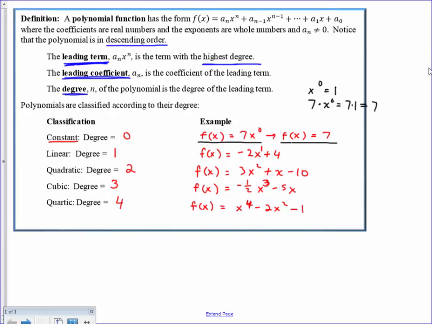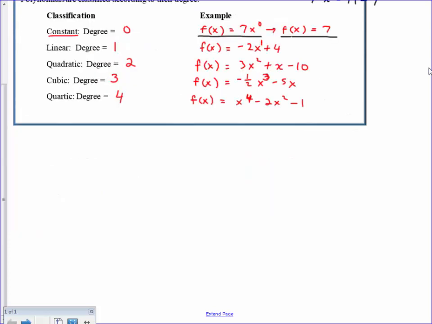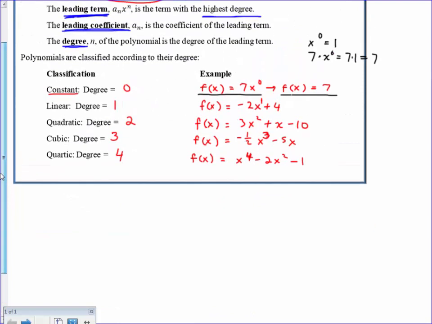So in summary here, the most important thing as far as the problems that we're going to work is talking about making sure to write polynomials in descending order. And let me kind of show you what I'm talking about there. If I have a polynomial along these lines, let's say it's f of x equals 2x squared minus 5x to the 4th plus 3x minus 2x cubed plus 1.